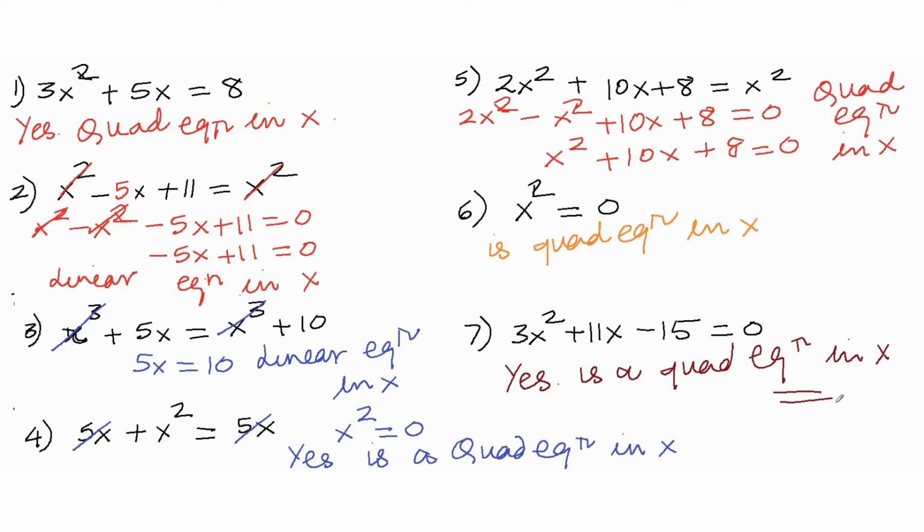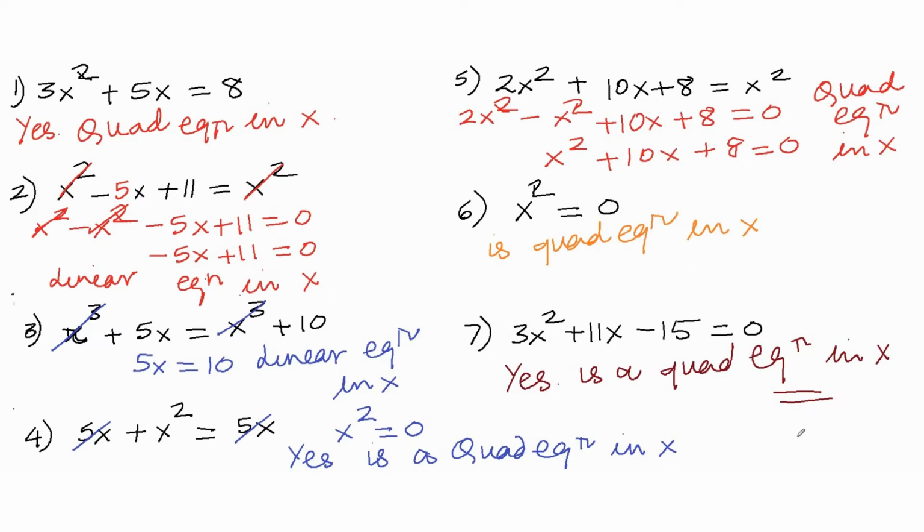It is not necessary that all quadratic equations would be in variable x. They could be in some other variables also, but the degree of that particular variable has to be 2. So there should never be a power of the variable which is greater than 2. The highest power of the variable has to be 2 for a quadratic equation.